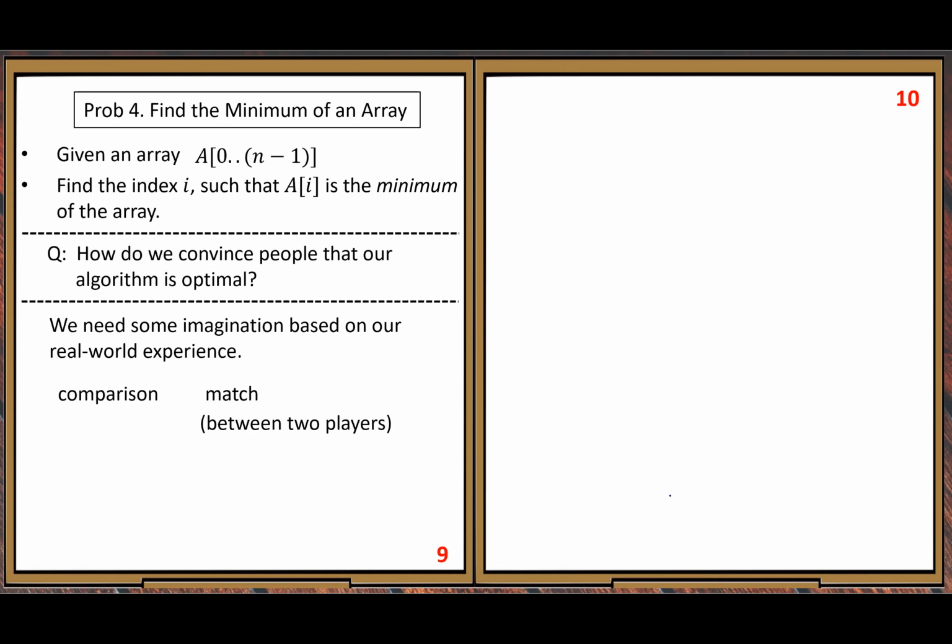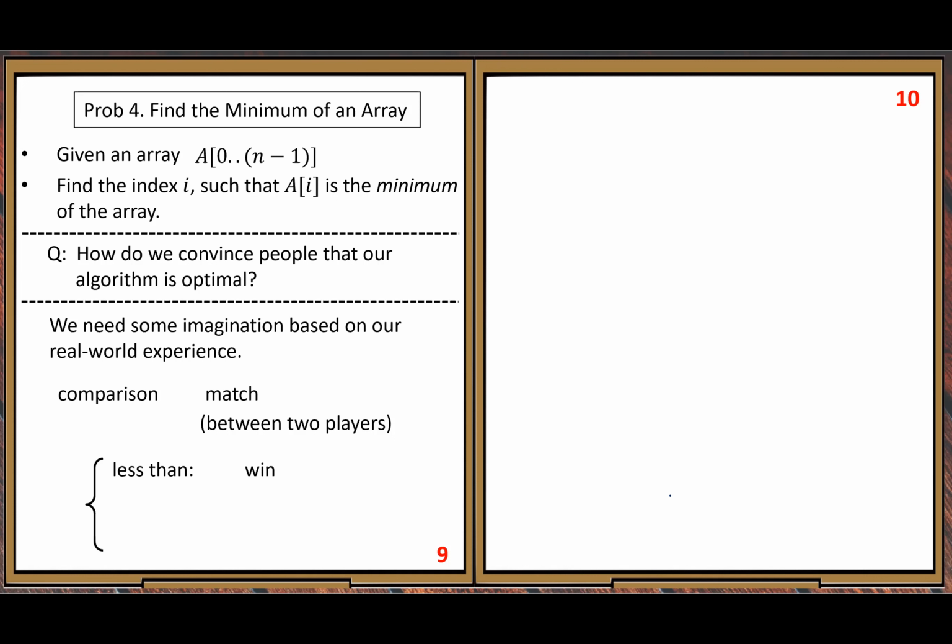So a match between two players, the possible outcomes. In this question, we want to find the minimum. That means an element with smaller value is better. A smaller element will be the winner. When we compare two elements, the smaller one will be the winner and the larger one will be the loser.